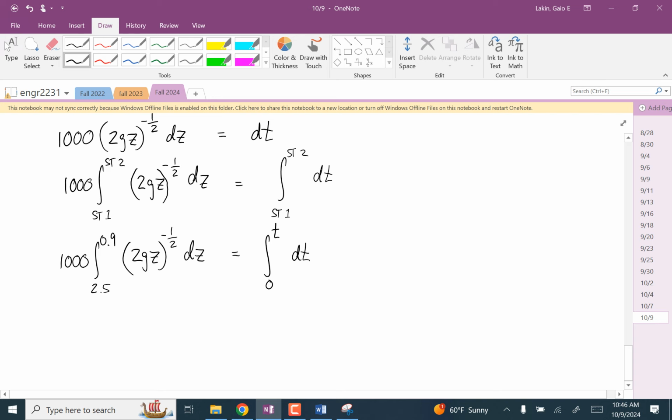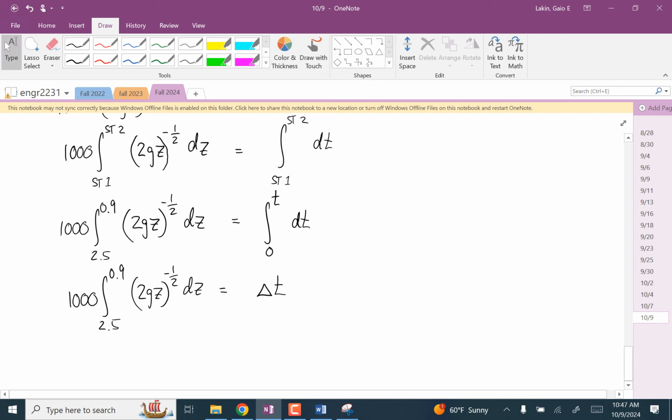And so now we have to compute this integral, so you can think of 1,000 times the integral from 2.5 to 0.9 of 2gz to the negative 1/2 dz is equal to the elapsed time, delta t. So all the task is now is integrating that.